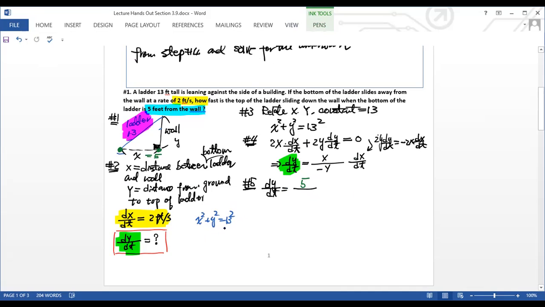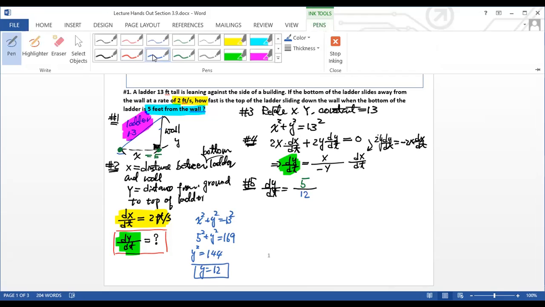So right now when x is 5, 5 squared plus y squared is 169. So y squared is 144, and y is equal to 12. That is how you get y equal to 12.